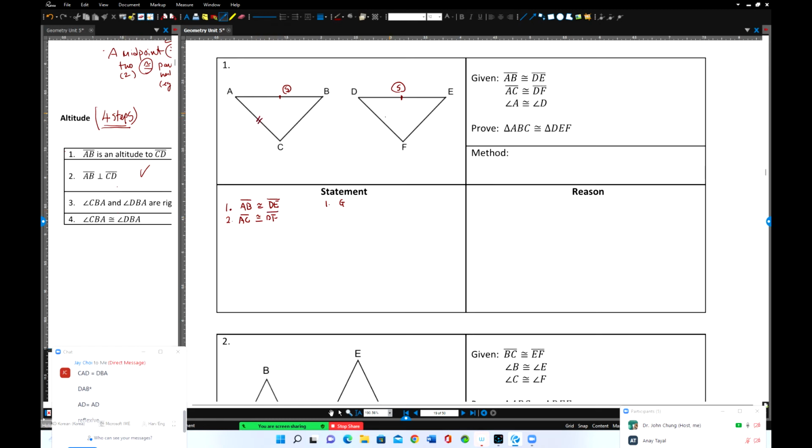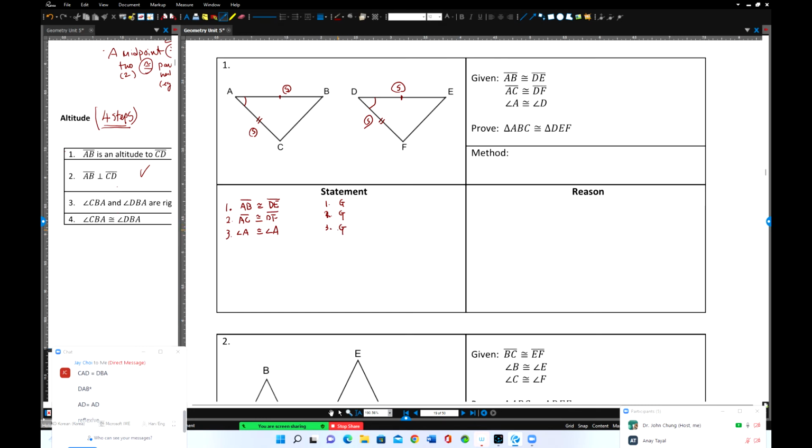AC congruent DF. It's already done. It's set congruent. From the given, we got it done. The next one is what? Angle A congruent angle A. This angle A, congruent angle A. This is also done. Finished.